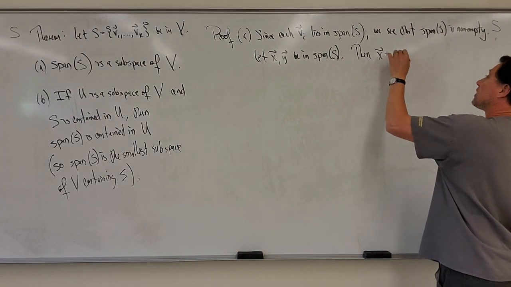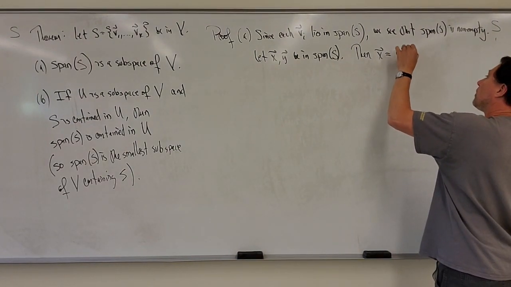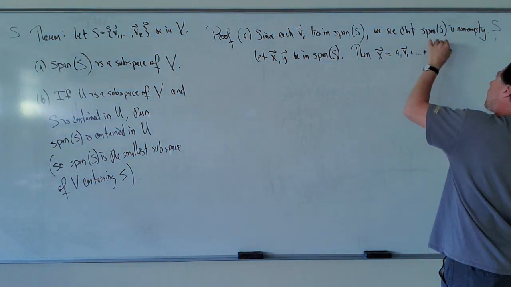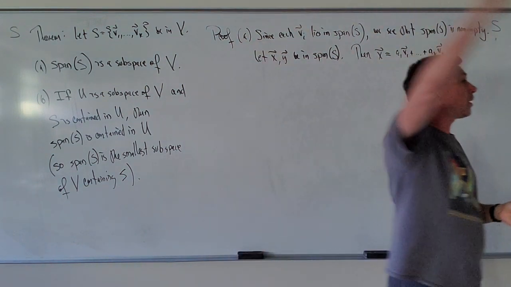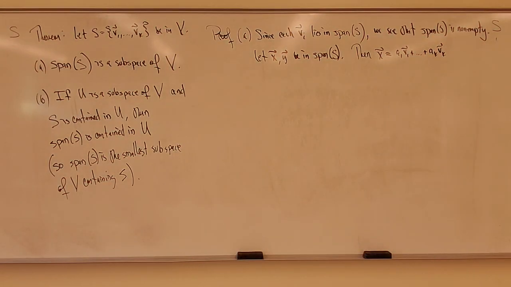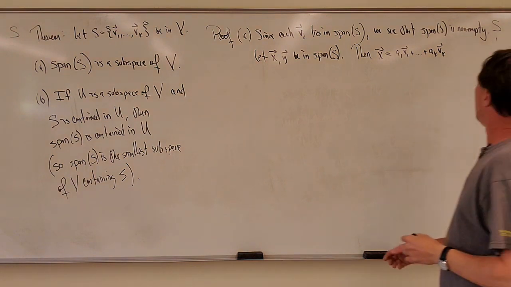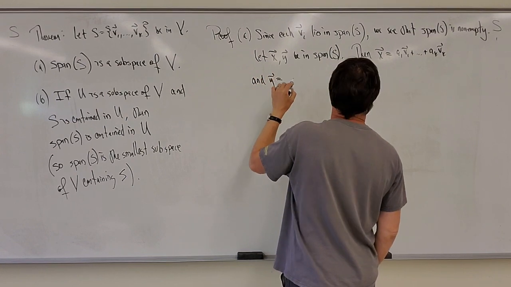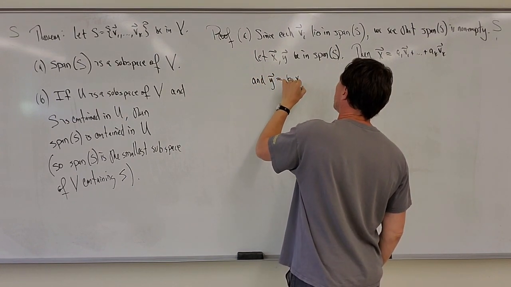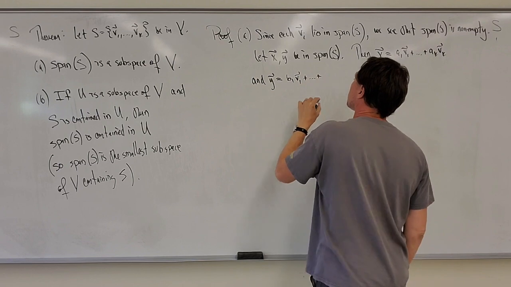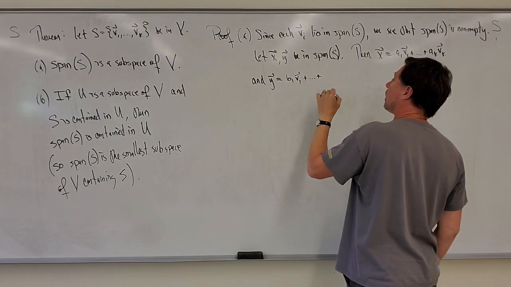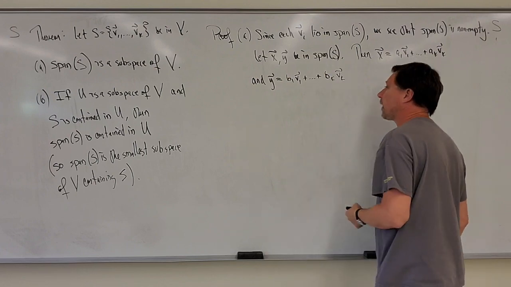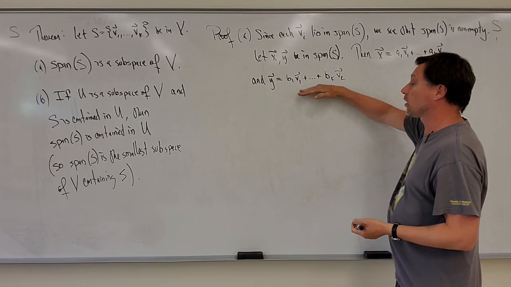So x looks like this: a1 times v1 plus dot dot dot plus a sub k times v sub k. And y is equal to b sub 1 times v1 plus dot dot dot plus b sub k times v sub k. If you live in the span, then you have to look like this.